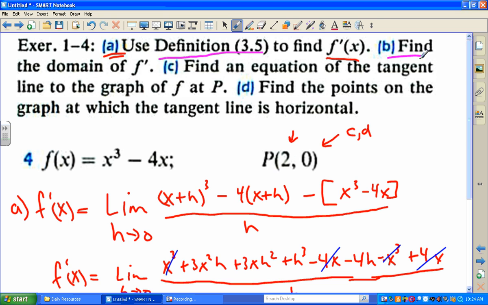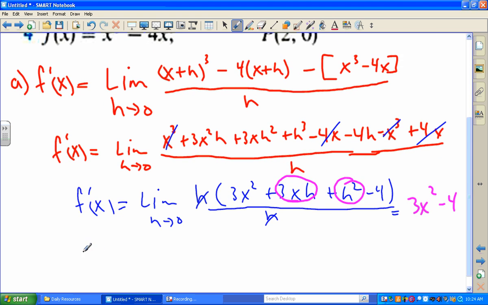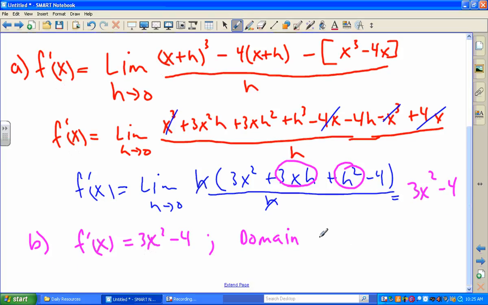Moving on, part B says find the domain of the derivative. Well, since the derivative is a polynomial, I see no reason why the domain should not be all real numbers. So the domain, I'll just write it as all real numbers from negative infinity to infinity, using the parentheses.